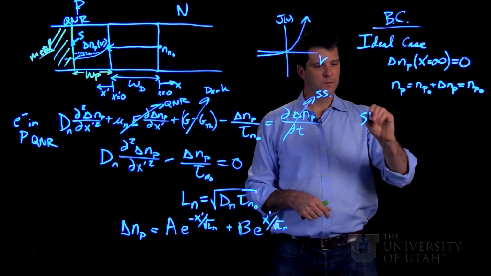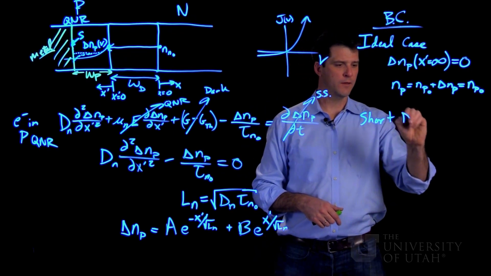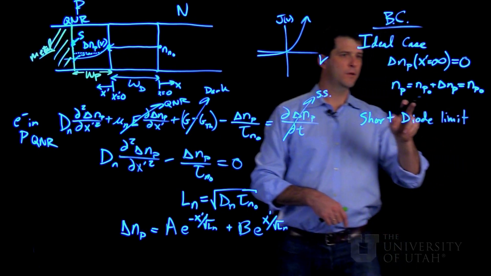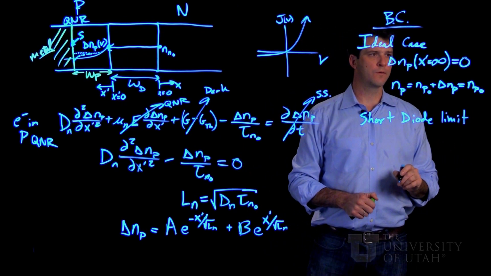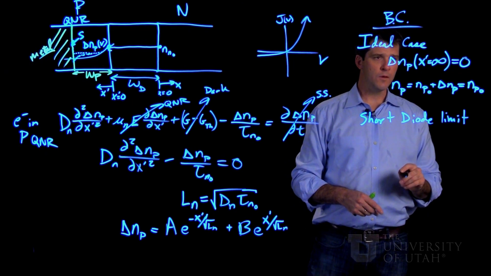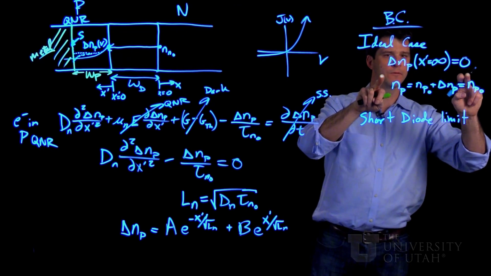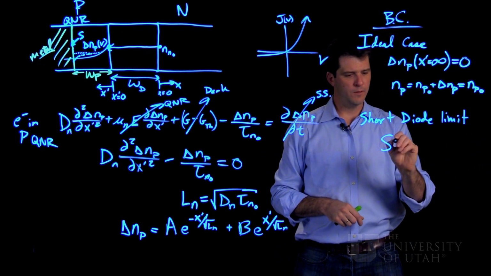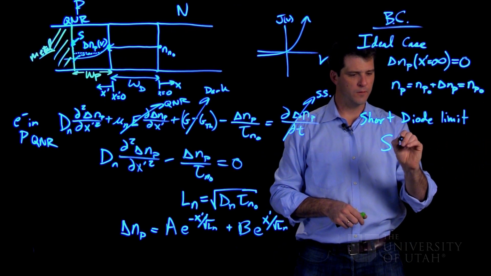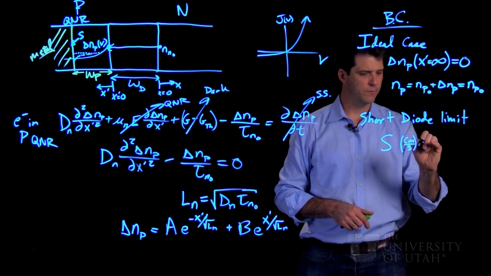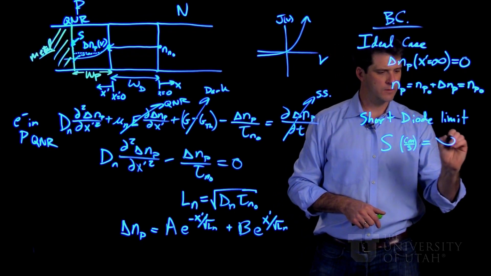So the so-called short diode limit, instead of this case where the carrier concentration goes to 0 at x equals infinity, let's assume that our surface recombination rate, which again is in centimeters per second, so it's called the surface recombination velocity, is actually infinite.